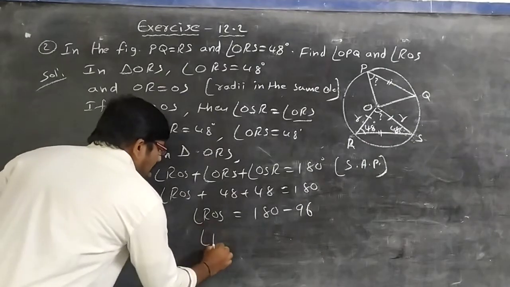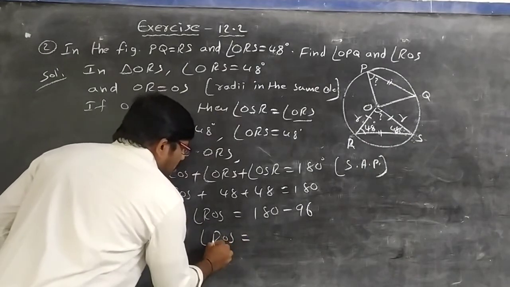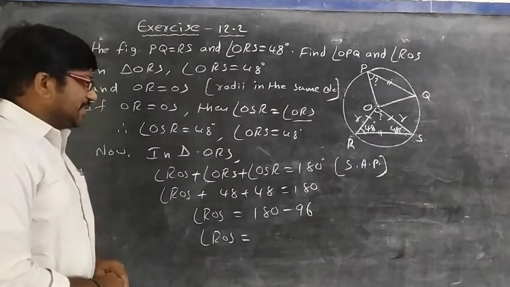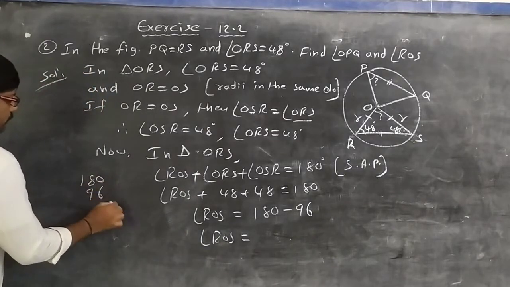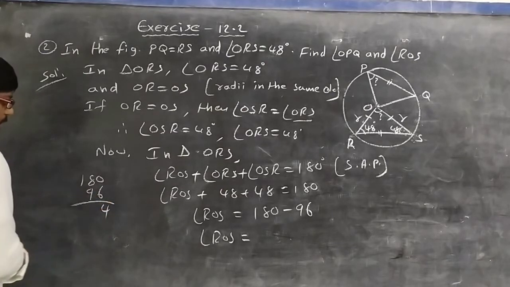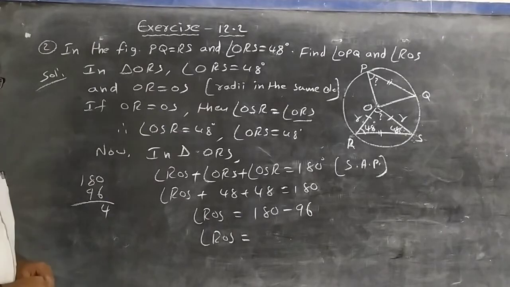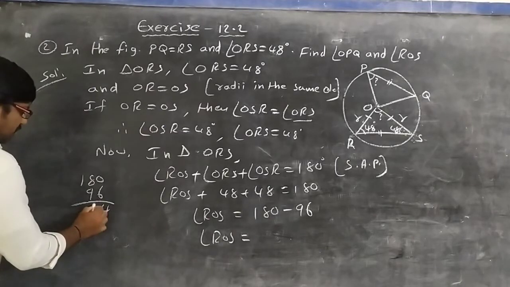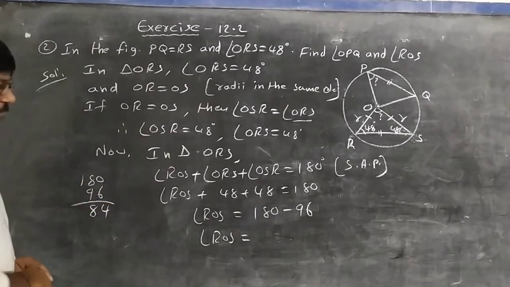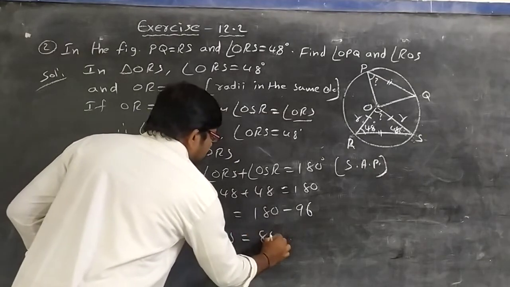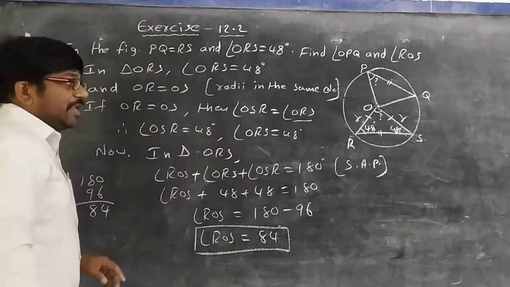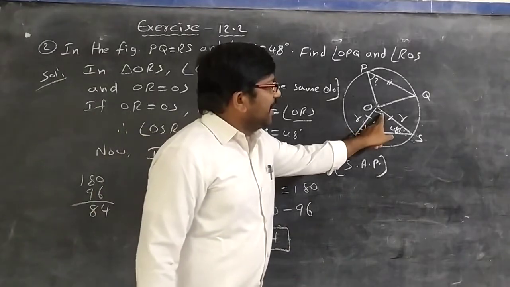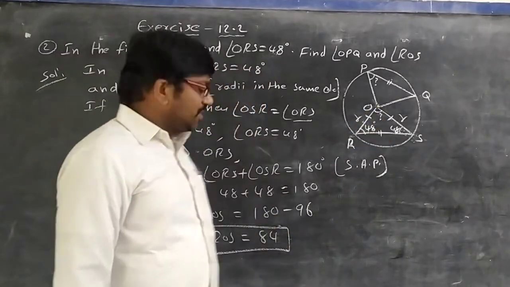Then angle ROS is equal to 180 minus 96, which is 84. So angle ROS is equal to 84 degrees, right?